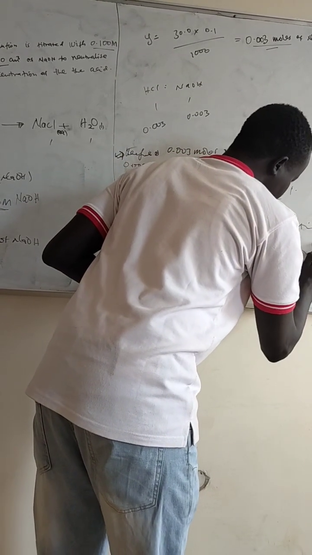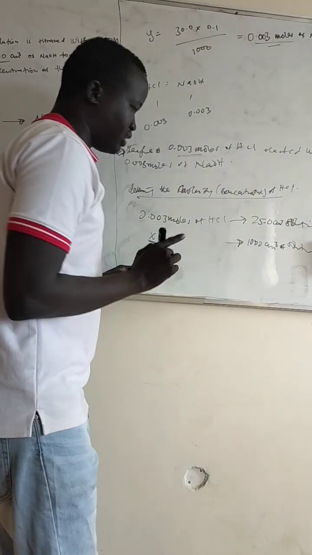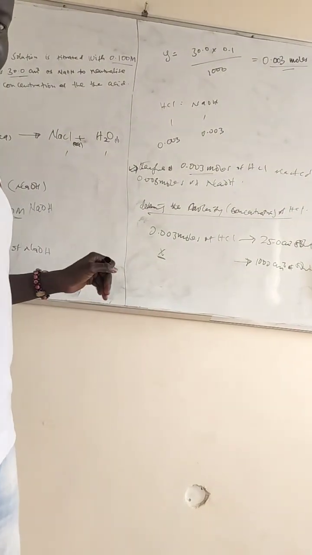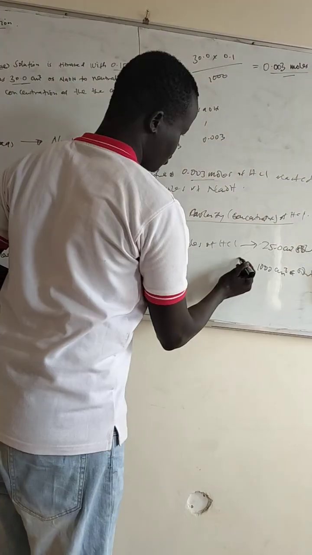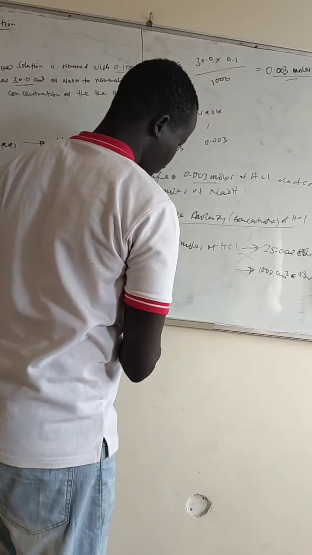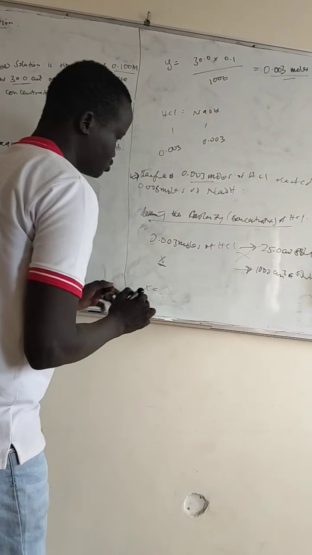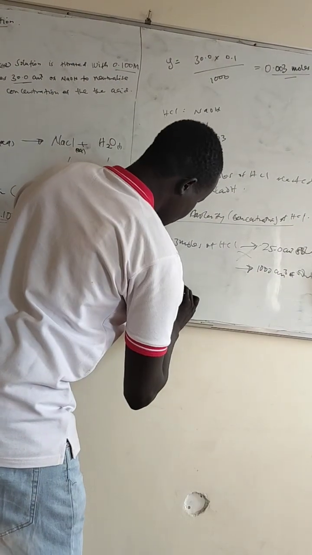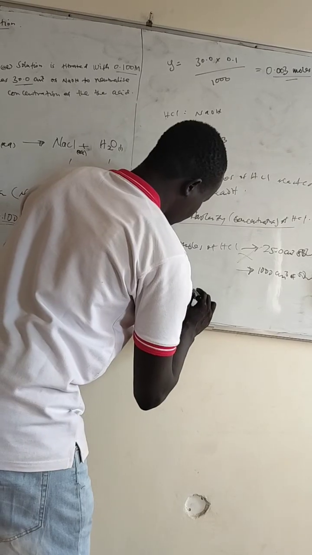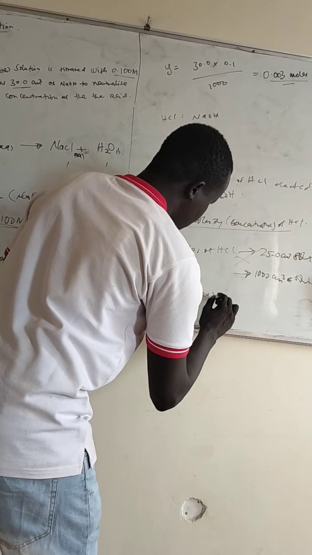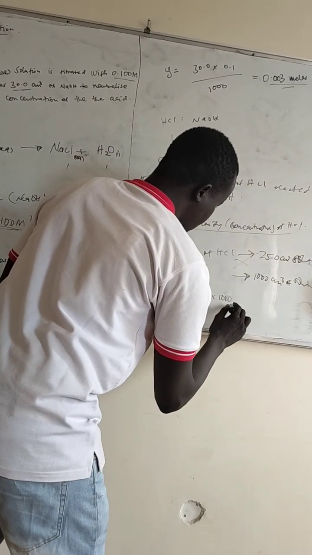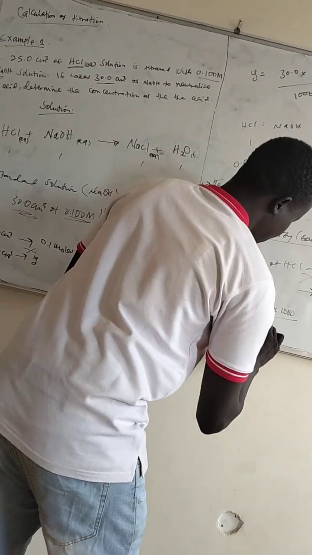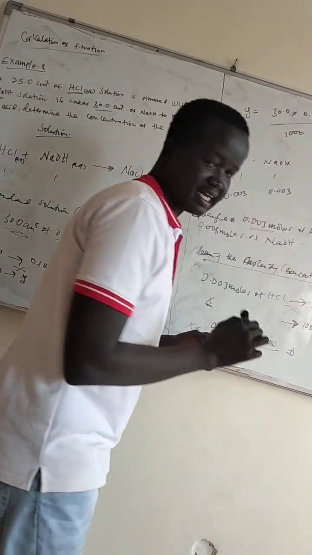The molarity is the number of moles contained in 1000 centimeter cube, or in 1 liter. So, we cross multiply and solve for X. Our X will be equal to 0.003 moles times 1000 all over 25.